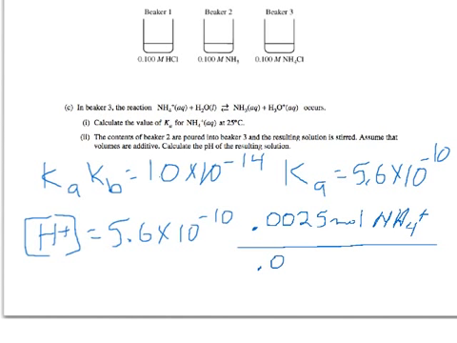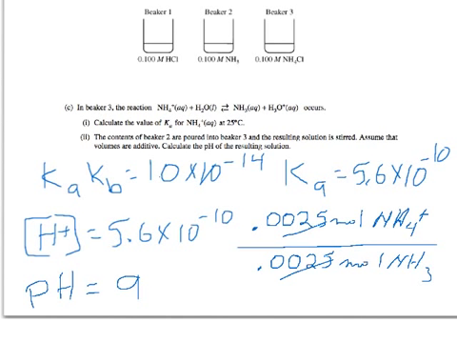And it's exactly the same here for ammonia. Okay, so what does that mean? It means the H concentration, that cancels out, so the H concentration is equal to 5.6 times 10 to the negative 10th, and that's going to give us a pH of 9.25.